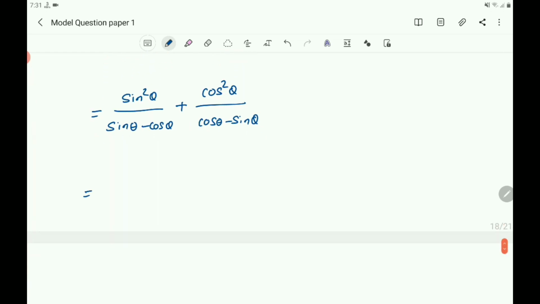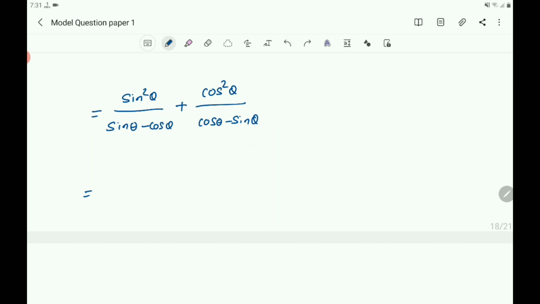That equals, observe the denominator, it is sin minus cos theta, it is cos minus sin theta. Now to have sin minus cos theta on both sides, you must have this also sin minus cos theta. To have this sin minus cos theta, here you change this as minus and you interchange this. How does it become?